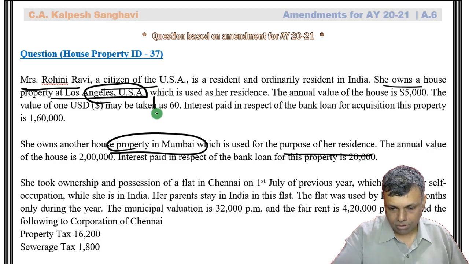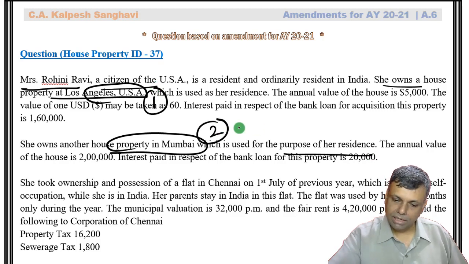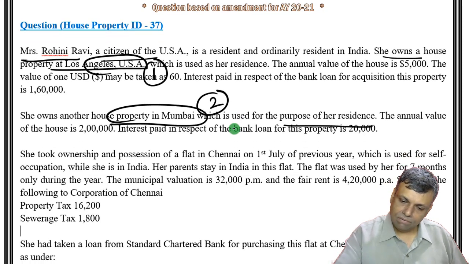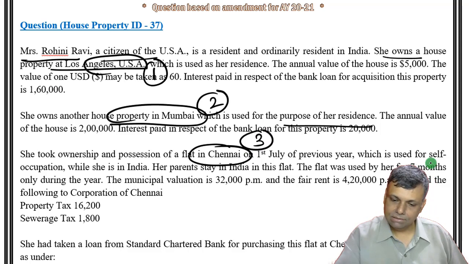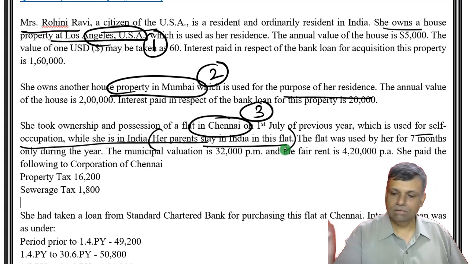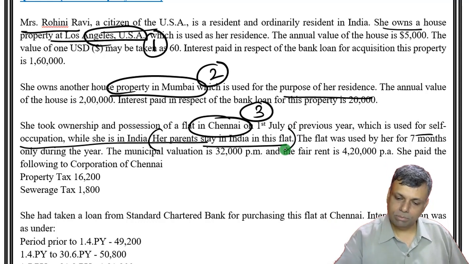So she has one property in USA, and a second property in Mumbai. And she has got another flat in Chennai. That is a third flat, which is again for self-occupation when she is in India, and her parents stay in that particular flat. Now, the flat was used by her for so and so purposes.